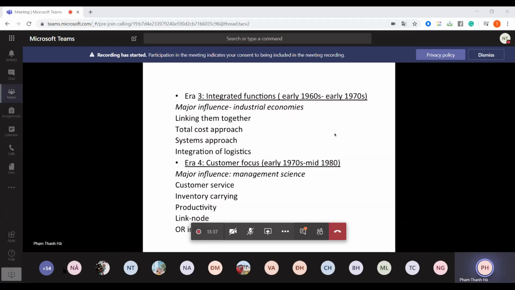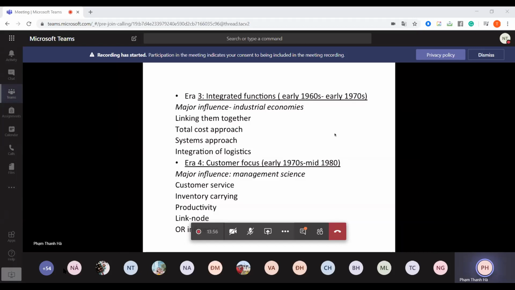We need to link everything together, and mention another approach to the logistics concept related to total logistic cost. Later on, I'm going to show you a little bit about the total logistic cost.